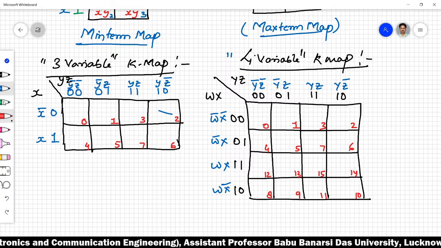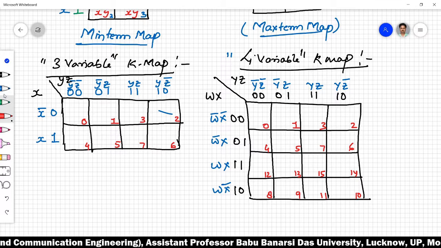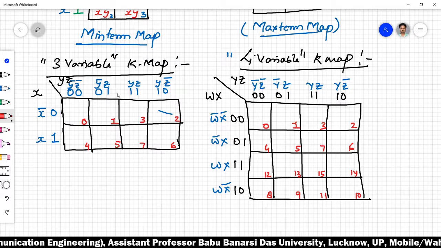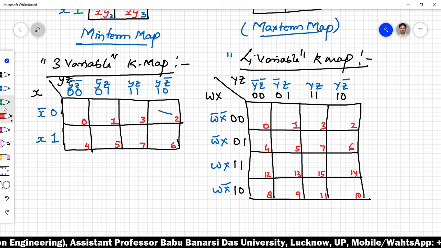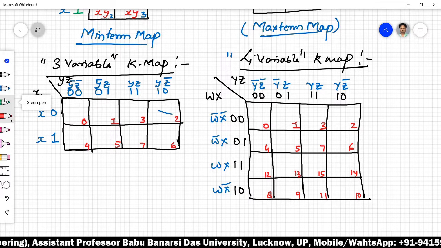Let me write this note point also, because we do not just follow the C series of all combinations.